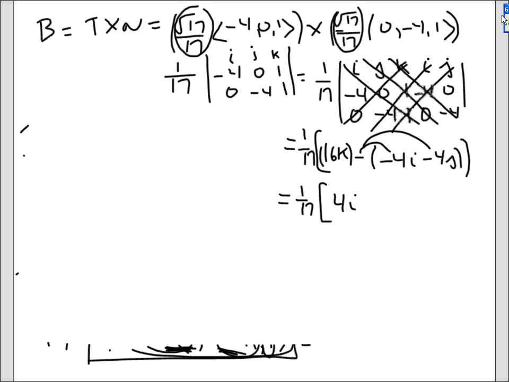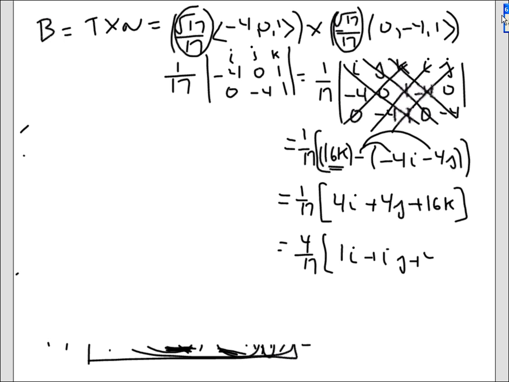You take away negative 4j, you get plus 4j. You add 16k. I guess I'll factor out a 4. 4 over 17 times 1i plus 1j plus 4k's. And there is b, which is t cross n.